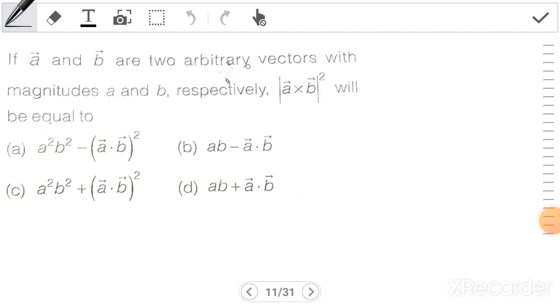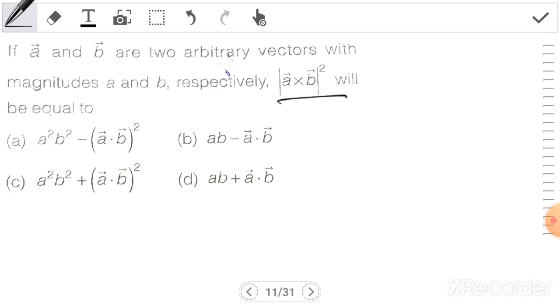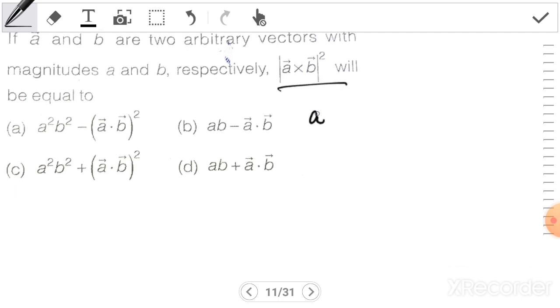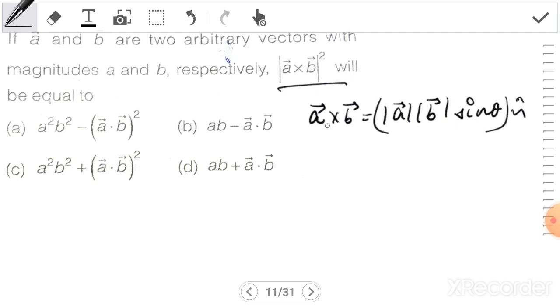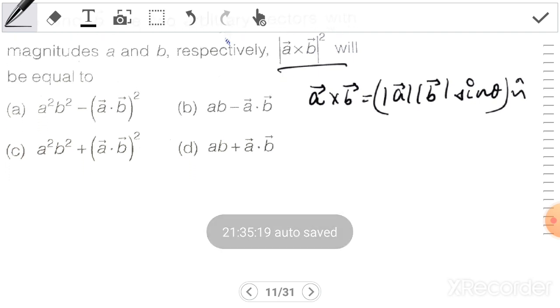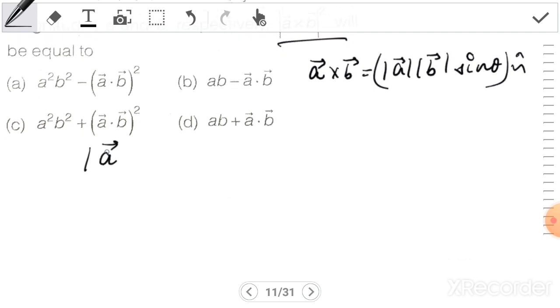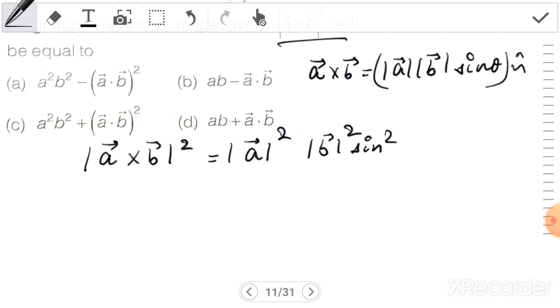If A and B are two arbitrary vectors with magnitudes A and B respectively, then this will be equal to. So let A cross B be equal to modulus A modulus B sine theta, and obviously n cap since cross product is a vector quantity, and again modulus A cross B square is equal to A square B square sine square theta and n dot n.